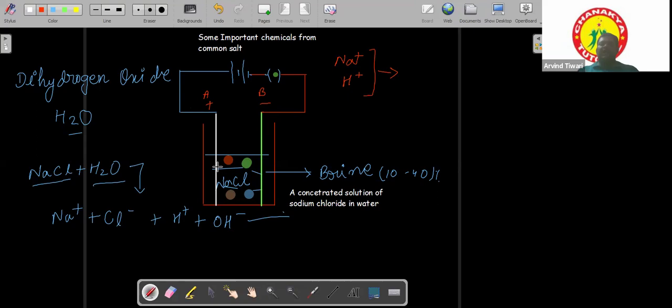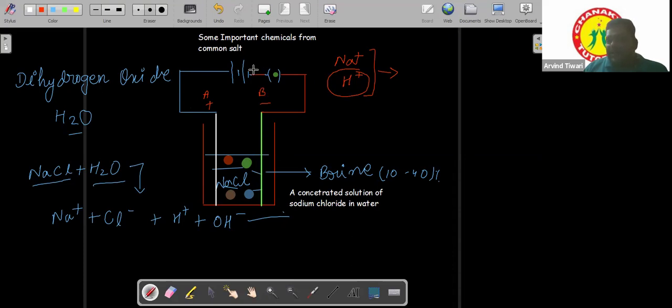But at the negative terminal, the H plus ion accepts one electron. Na plus does not accept the electron. We'll discuss why in a later part. Out of these two, H plus accepts one electron from this electrode.